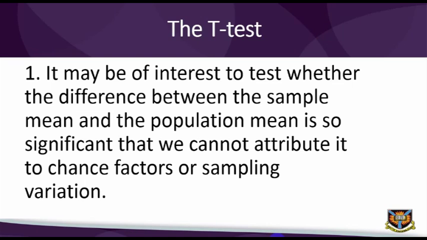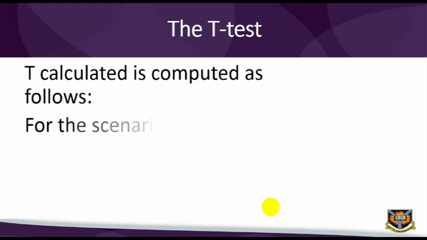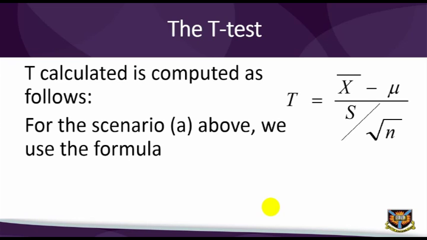For scenario A above, we use the formula t is equal to x bar minus mu over s over root n. Equation 12.1.